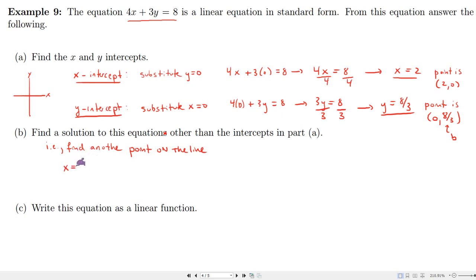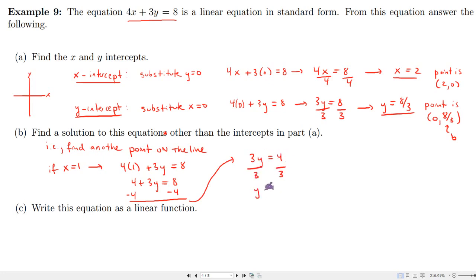So if x is equal to 1, then we'll have 4 times 1 plus 3y is equal to 8, and then hopefully we'll be able to determine the y coordinate. So this is 4 plus 3y equals 8. Subtracting 4 from both sides, what do we get? We'll have 3y is equal to 4, and then divide both sides by 3, and so y is 4/3.